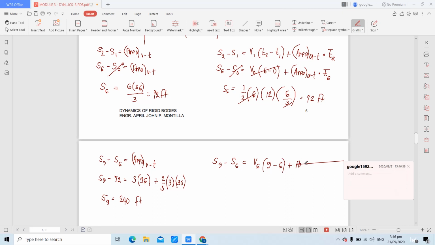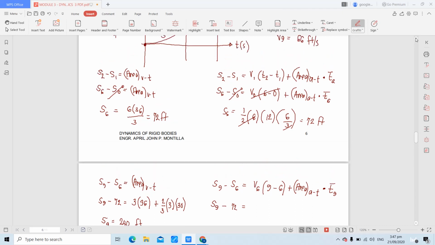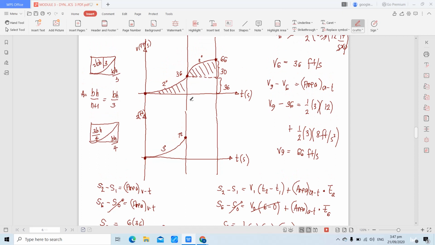Plus the area of acceleration versus time graph multiplied by yung centroid, distance ng centroid ng area na to na nakaproject kay final time, which is 9 seconds. No? Okay, so substitute. S9 is unknown minus S6, na-compute na natin yon 72. Equivalent to velocity at 6 seconds, V6. Na-compute na natin yon. The velocity at 6 seconds is 36. Ito. No?